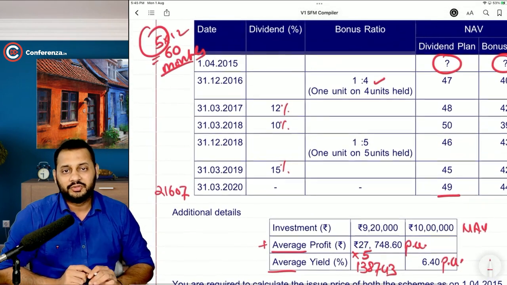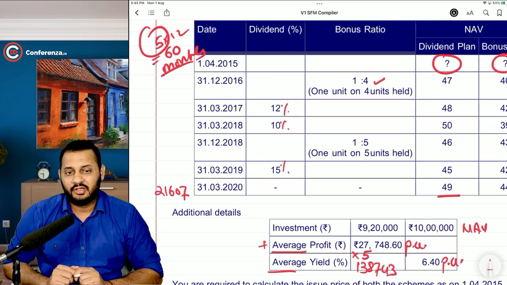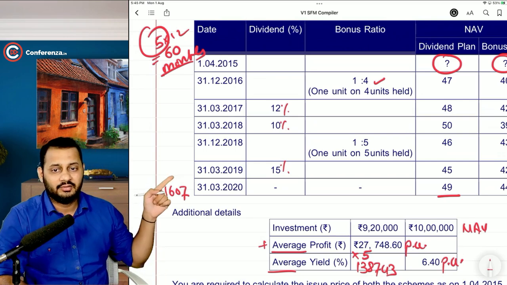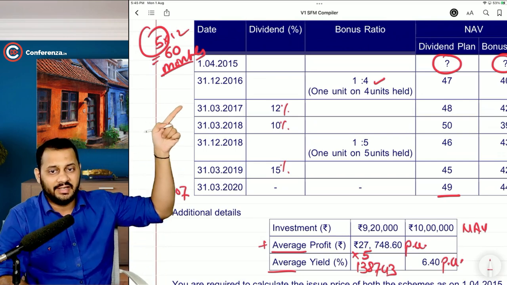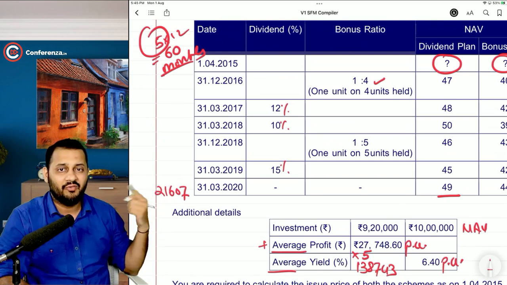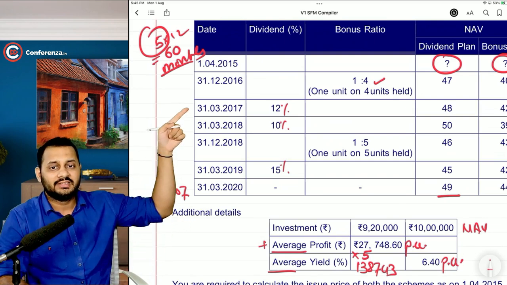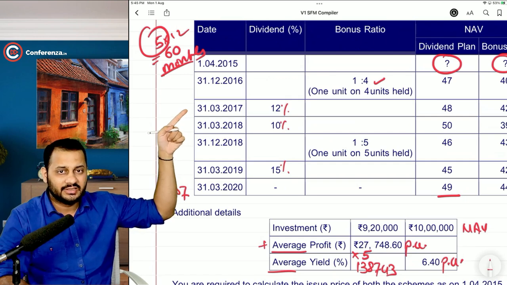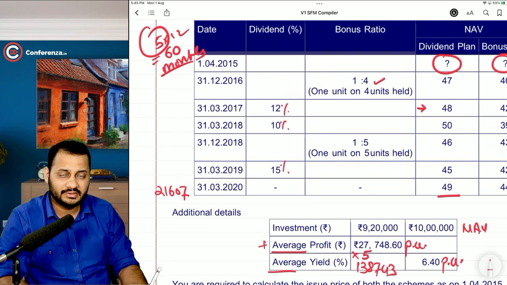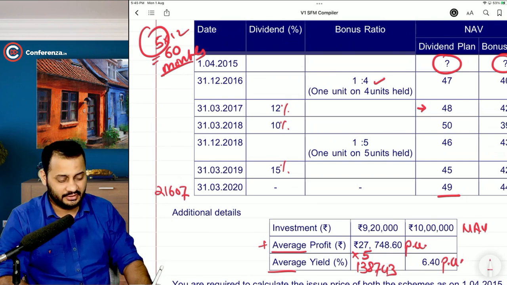Now you just have to do one thing. You have to go back through all the dividend dates, because on this date dividend was declared and you received additional dividend which was reinvested back at 48 rupees and you got additional units. The same thing happened on this date, and on this date.